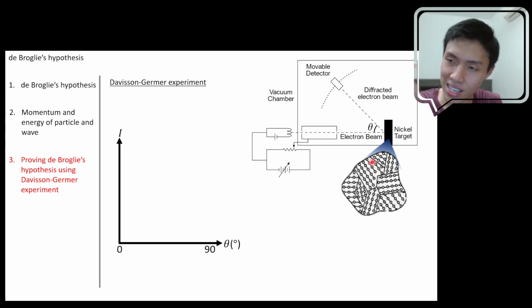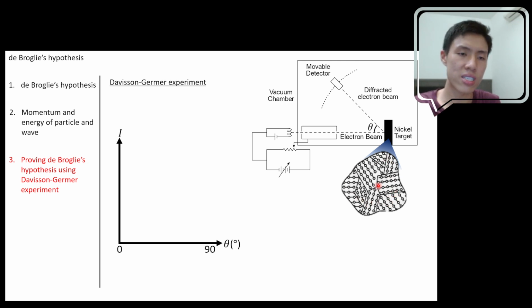The lattice itself has some order to it, but it consists of, you can call them domains, or regions where they are in different orientations. So this is the nickel target before it was treated.